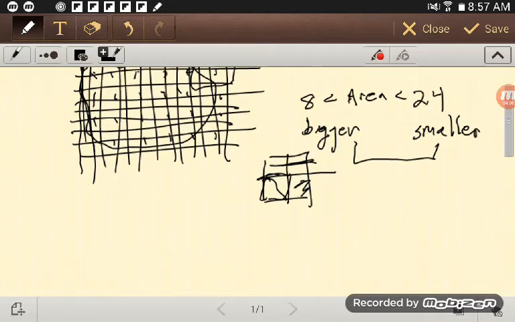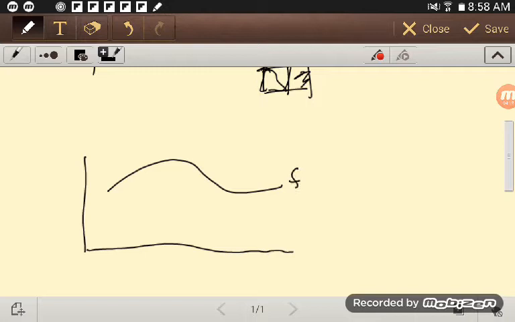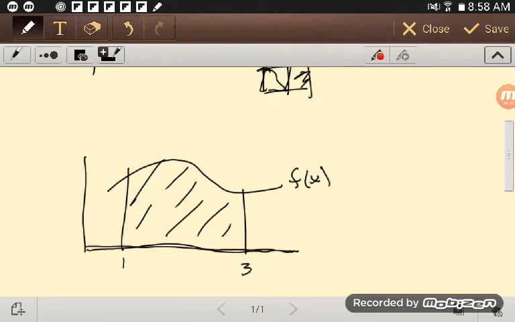Now, because we're working with functions, actually we'll do it slightly differently. So suppose I just have some function here, f of x, and here's the axis, and suppose I just ask the question, say, I don't know, there's 1, there's 3, what's that area in there?